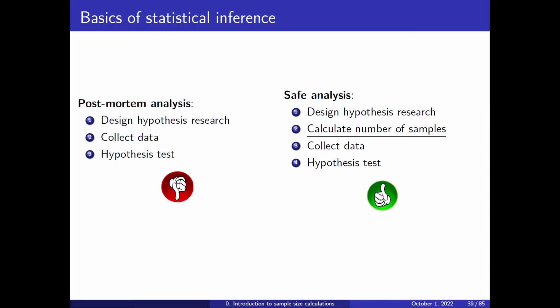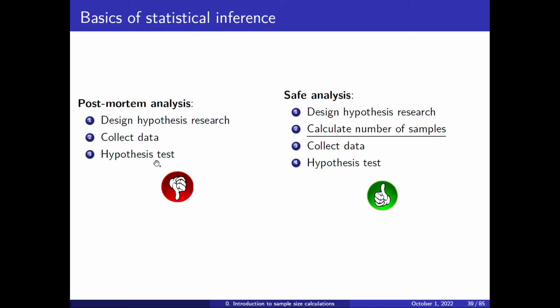Very often we are faced with what I call post-mortem analysis. You design your research hypothesis, you collect the data, and then you analyze your data through a hypothesis test, and the data is not significant. Then when you look at the data, you realize that you didn't have enough power.